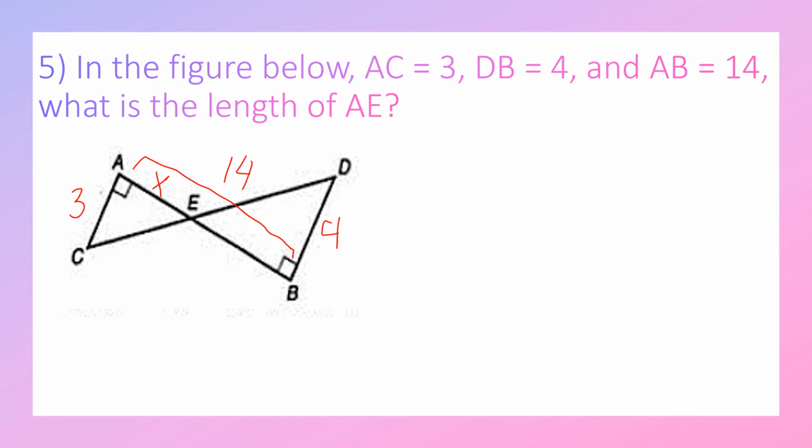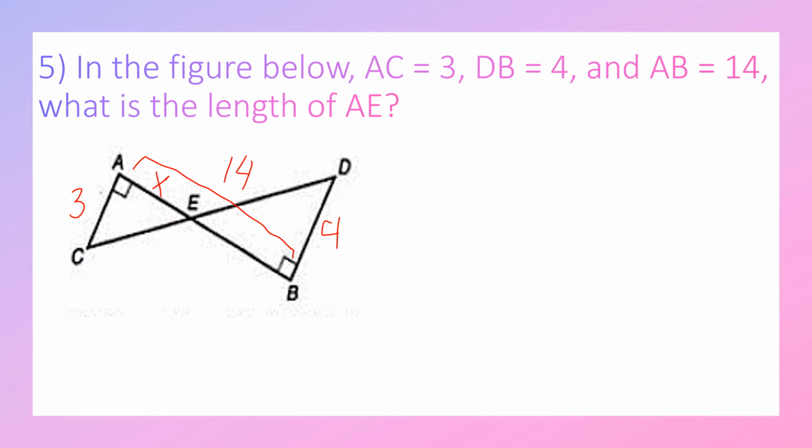Okay, now first of all, are these triangles congruent? The answer is no. They do not have congruent sides. They only have one angle that is congruent. But we learned about similar triangles. These two triangles could potentially be similar. Looking at the two triangles, I have my right angle that's already congruent. For two triangles to be similar, I must have two angles that are congruent.